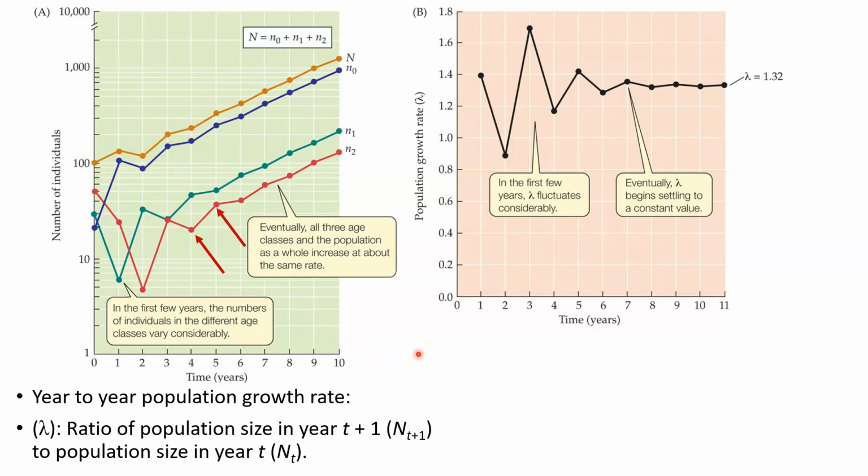Now, if you plot population growth rate with time, like I mentioned earlier, in the early few years you could see some major fluctuations, but down the road it evens out. The population growth rate becomes a constant. Now, my interest is in calculating that population growth rate, and we call it lambda. Don't freak out by these notations.